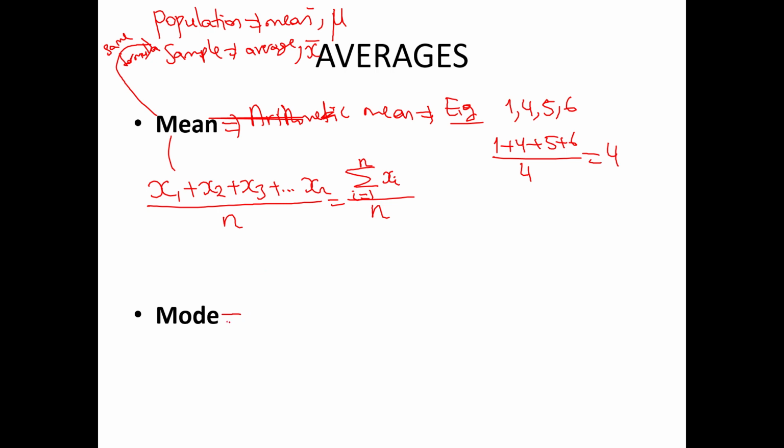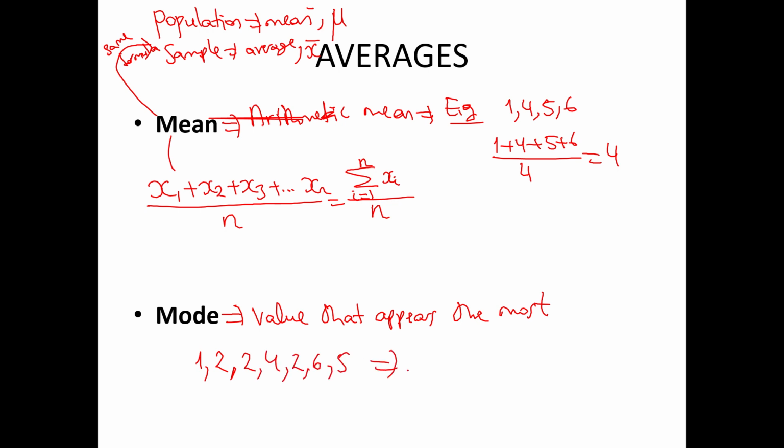The next thing is the mode. The mode is the value that appears the most. Let me give you one example. Say that we have 1, 2, 2, 4, 2, 6, and 5. The mode here is 2, because 2 has appeared the most, 3 times.